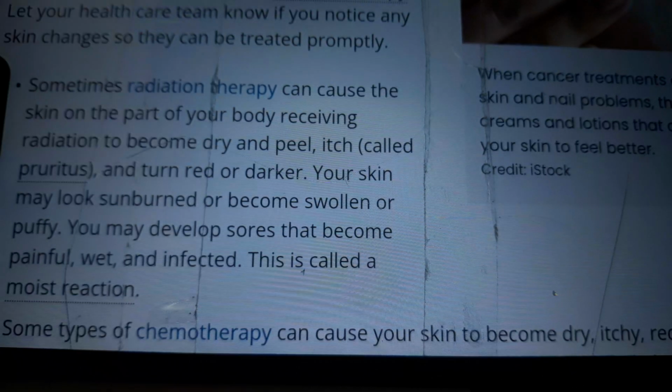Let your healthcare team know if you notice any skin changes so they can be treated properly. This picture has to do with when cancer treatment causes skin and nail problems. There are creams and lotions that can help your skin to feel better. Credit is from iStock for this picture.